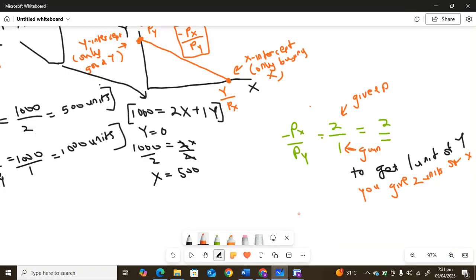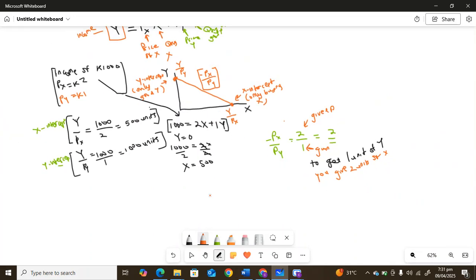Let us look at a question, and then we can go through these principles that we have learned here.